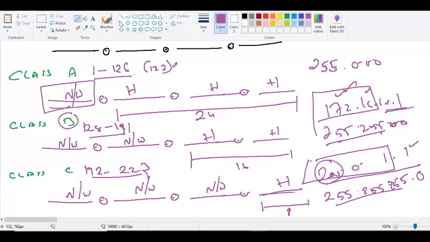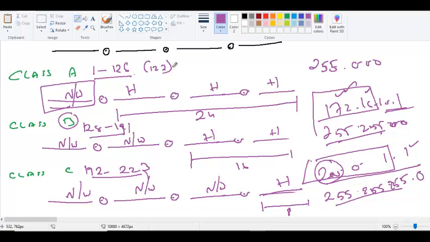How did they get this range? Actually, that is a waste of time. But still, if you are willing to learn that, I can teach you if you ask. The range is 1 to 126, 128 to 191, and 192 to 223.